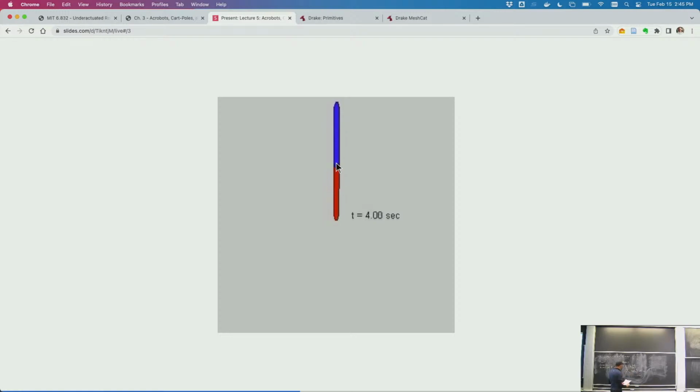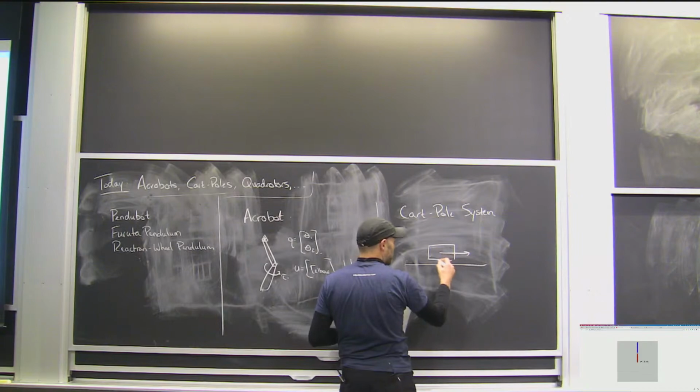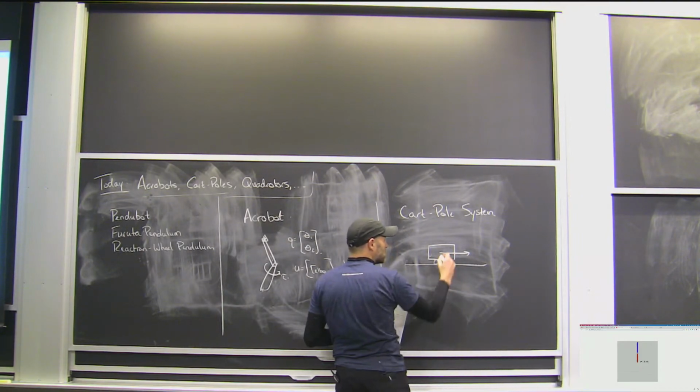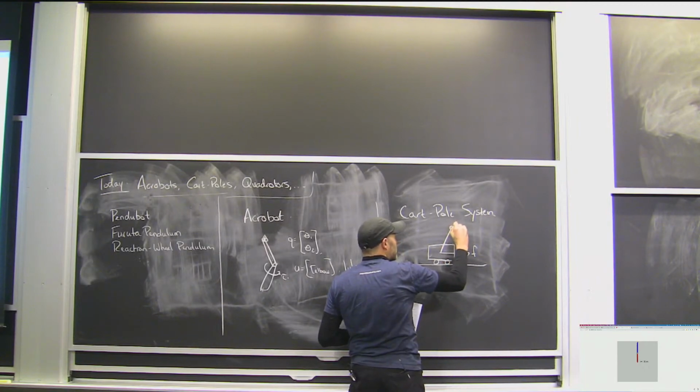Okay, the companion system for that is a Cartpole system. Again, these are both available in a lot of the RL gyms and RL benchmarks as the classic control problems.